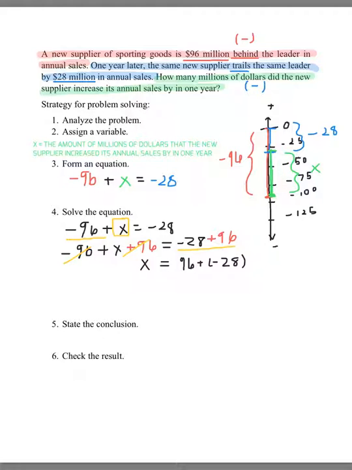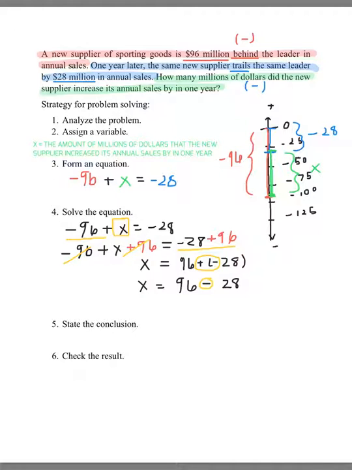However, we can rewrite this addition of a negative value simply as subtraction. So ideally, we have X is equal to 96 minus 28, where plus a negative is the same thing as simply subtraction. So that's a cool little trick.